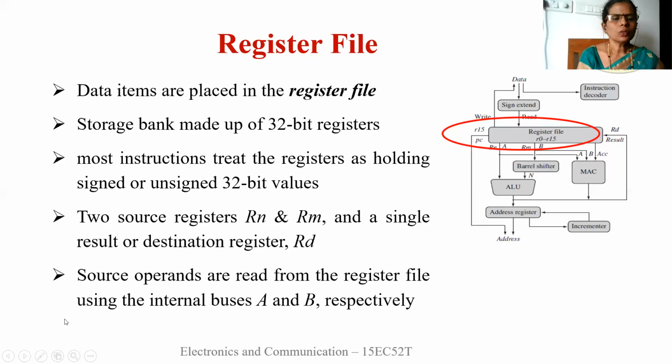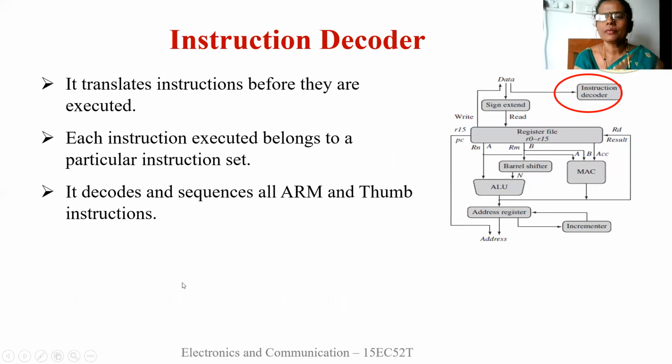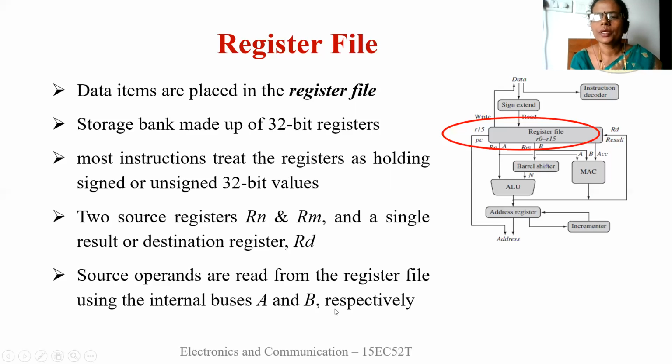The two source registers Rn and Rm. See the previous diagram, here we have used Rn and Rm. So the two registers are used. The same registers I am showing here. The two source registers Rn and Rm and a single destination register Rd.